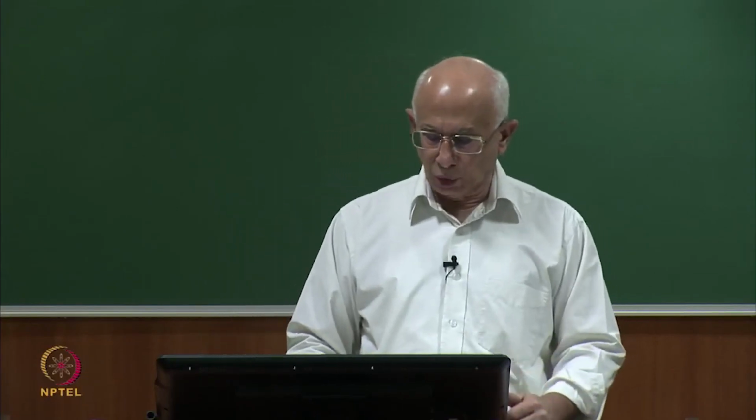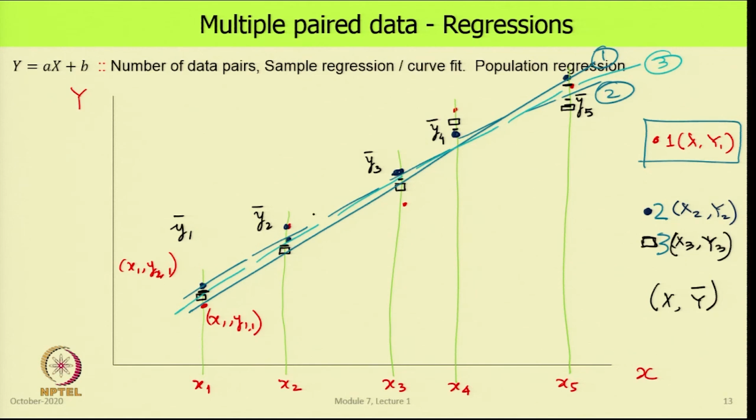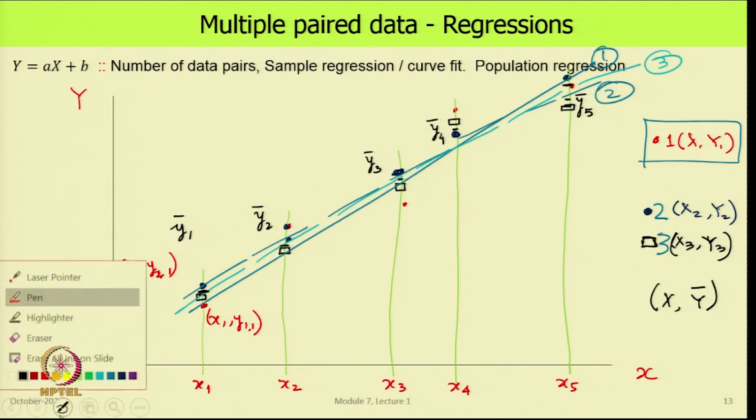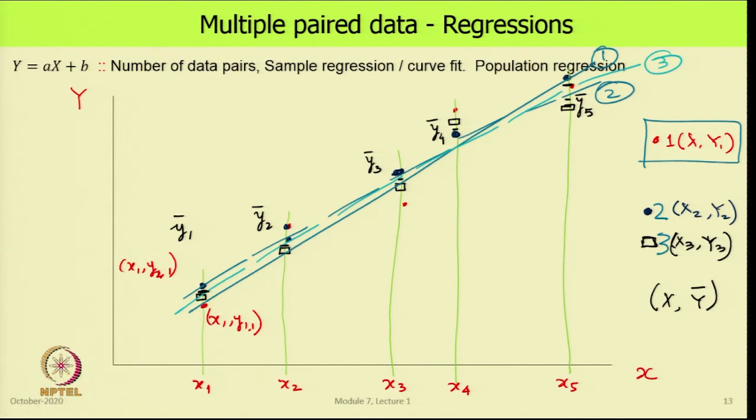So, the second thing to do is that we say that I have all these regressions and what I will do is I will write the equation for each one of them separately. So, here is what happens. The first person gets y is equal to a1 x plus b1.